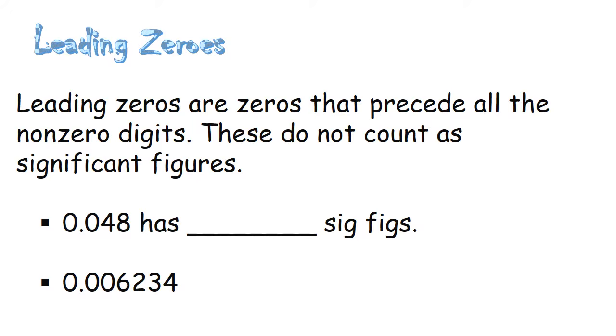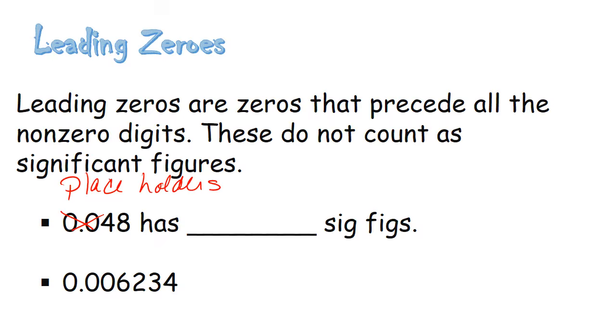Leading zeros are the ones that come in front of a number, and you will see these in front of a decimal type number, some number less than 1, and these absolutely never count as significant. They're simply placeholders. But in terms of indicating precision of a number, they don't matter.